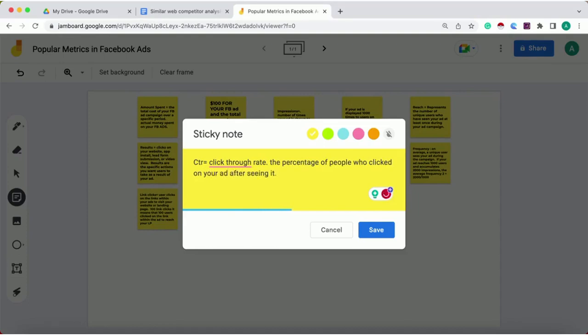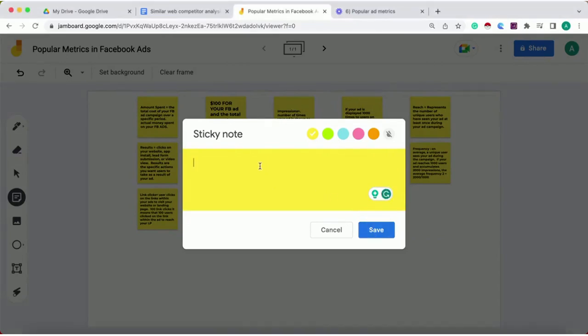It is calculated by dividing the number of link clicks by the number of impressions, and because it's a percentage, we multiply this by 100.